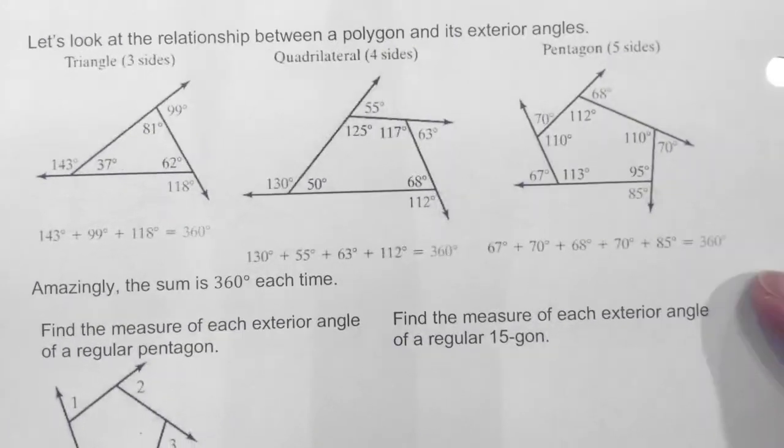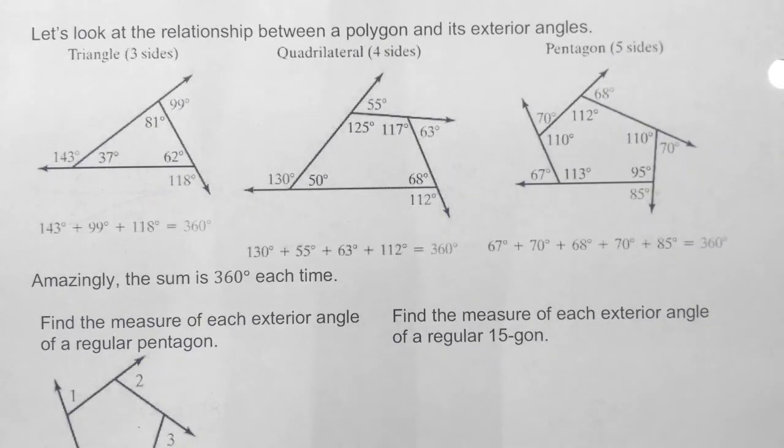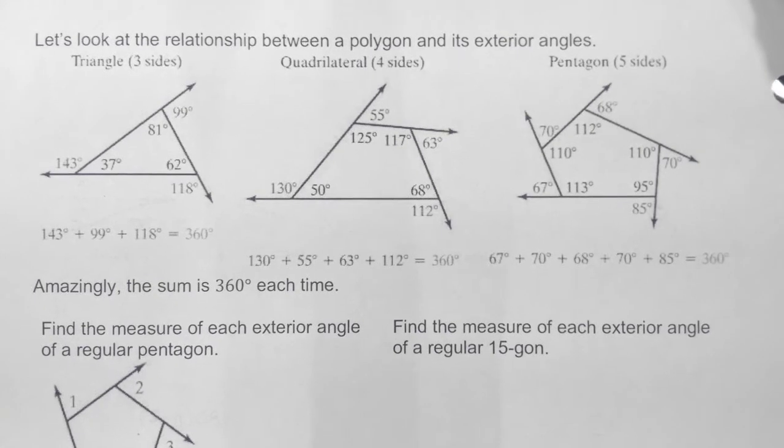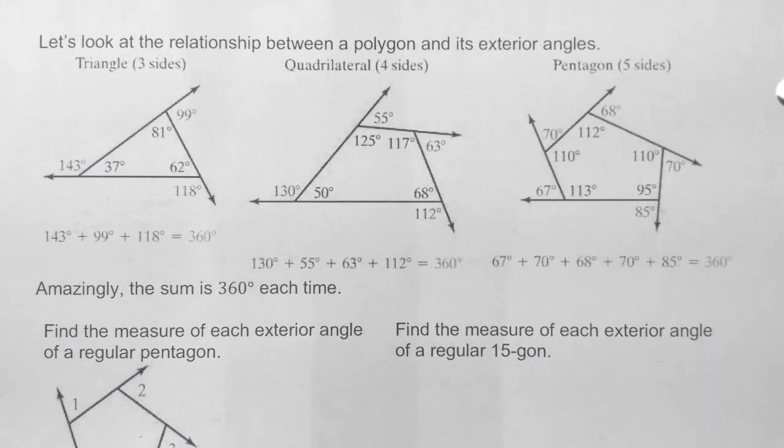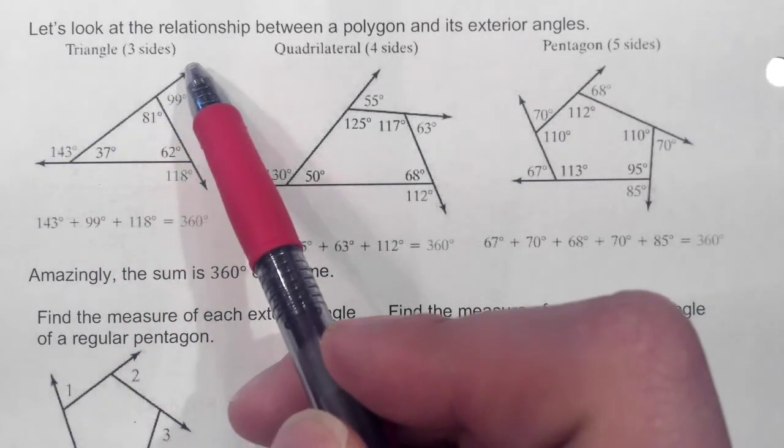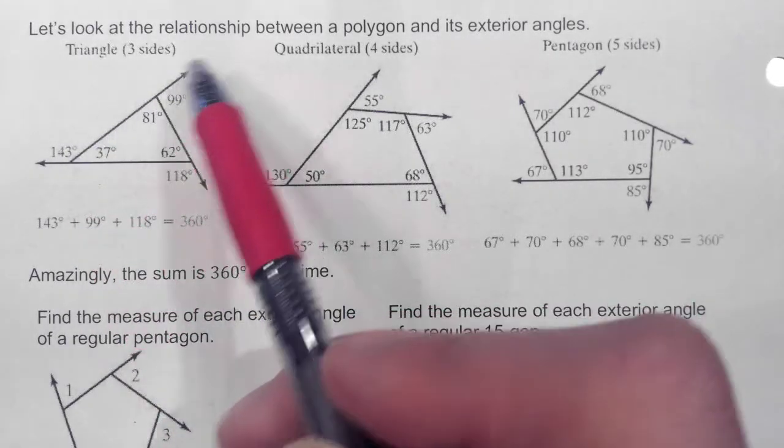How fun is that? Now, on the back, we're going to be looking at exterior angles. Exterior angles. So those are the angles on the outside of a triangle, or of a figure. So for an exterior angle, you're going to continue one line around.